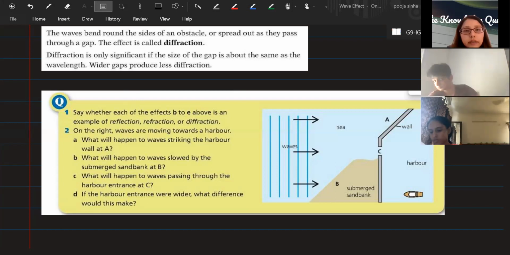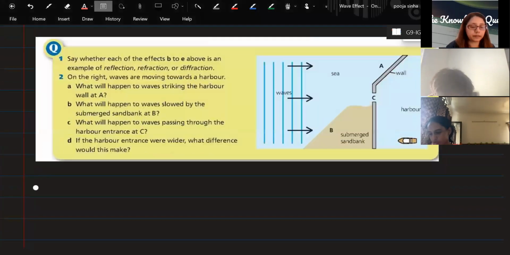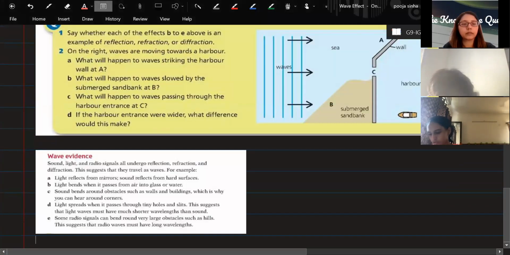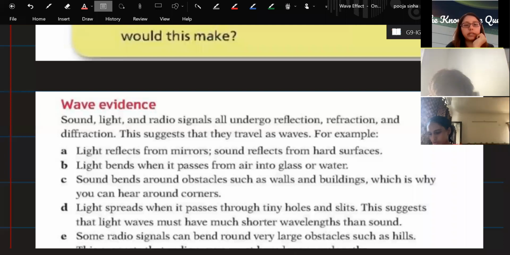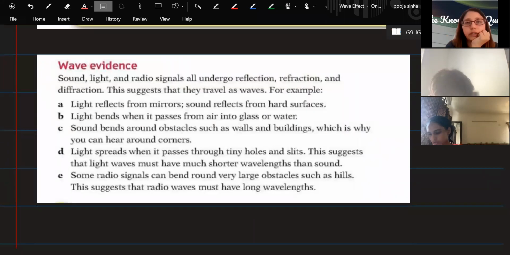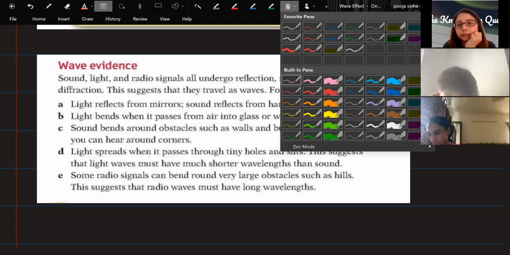This has something else connected to it. So you have to tell me one by one, which one is reflection, which is refraction, which is diffraction. Tell me.